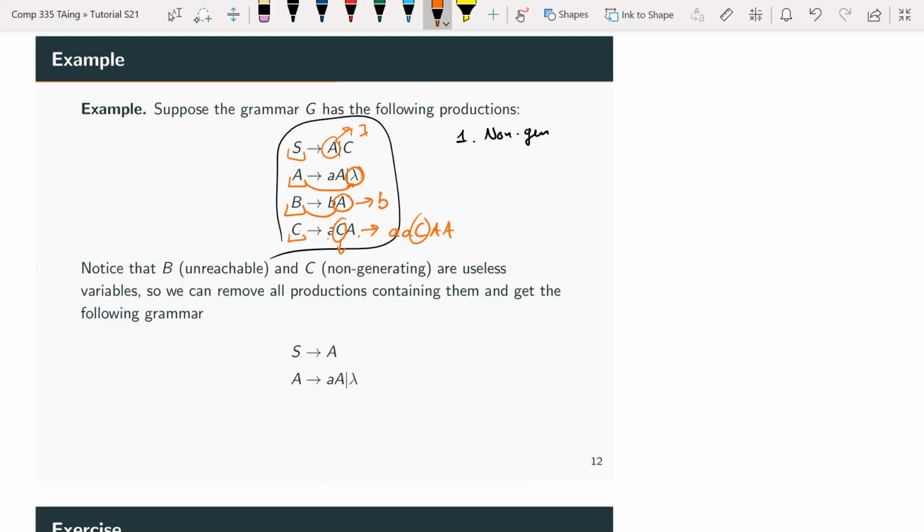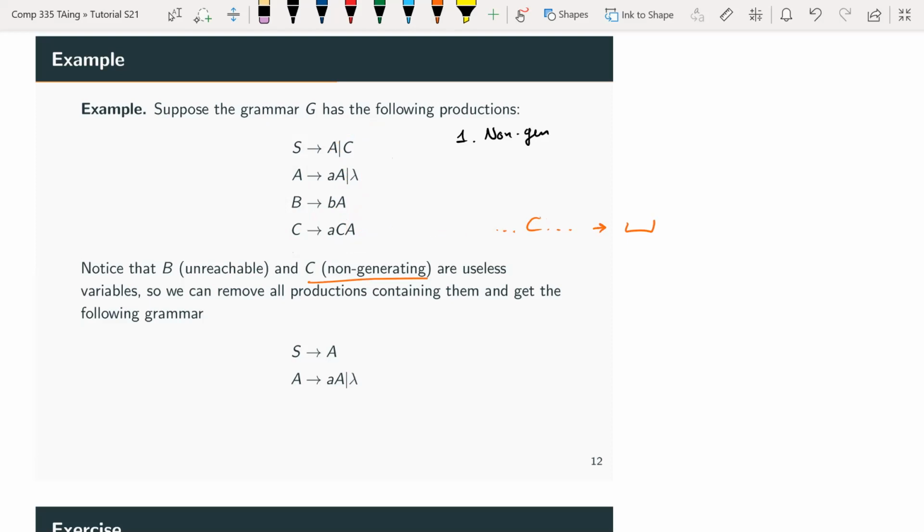And then you're going to keep replacing C with C's, but you're never going to get rid of this variable C, okay? So that means that C is non-generating, which means that I can remove from this grammar all of the production rules that use C. So I can remove this, and I can remove this, okay?